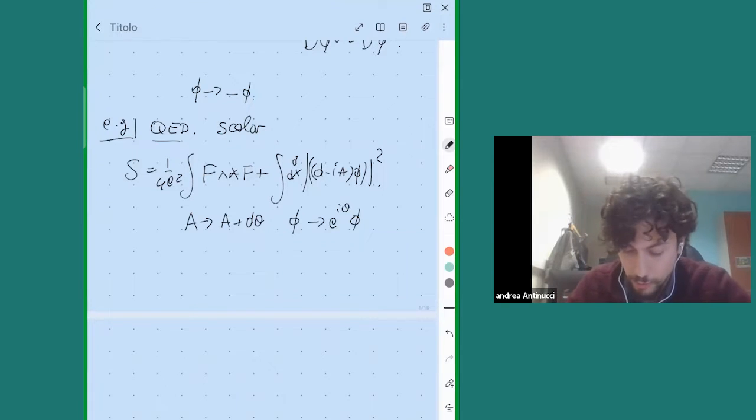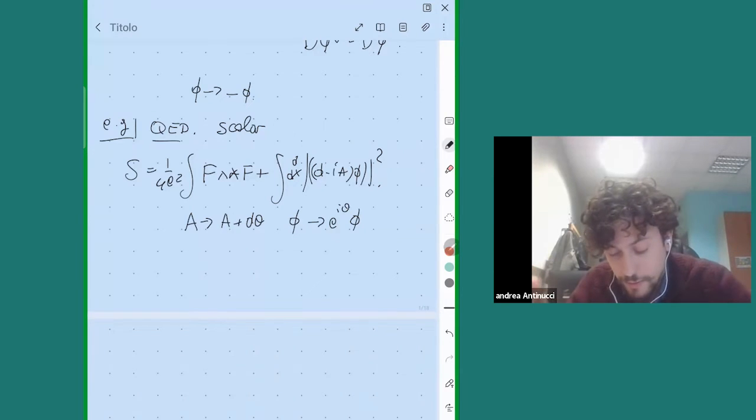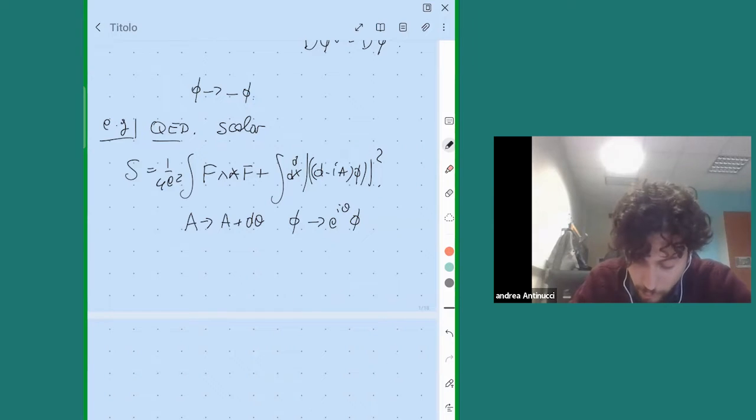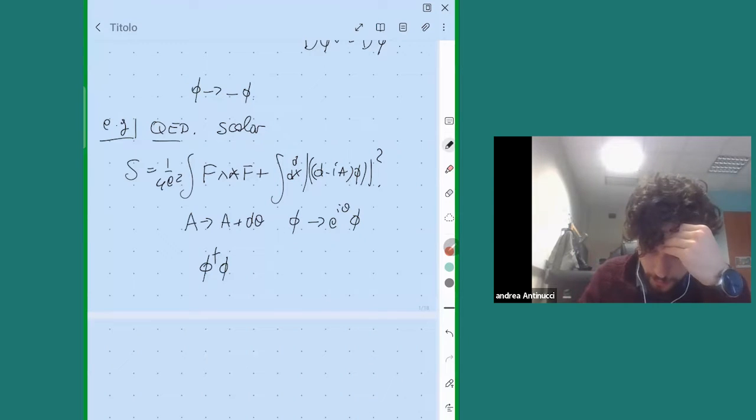Let's say that you take theta to be constant, so A does not transform. This seems to be a global symmetry in the sense that the parameter is constant, but it's not a global symmetry because the only gauge invariant operators that you can construct are something like phi dagger phi, and those are uncharged under the symmetry. This is a completely trivial example, but let me consider a more subtle one.